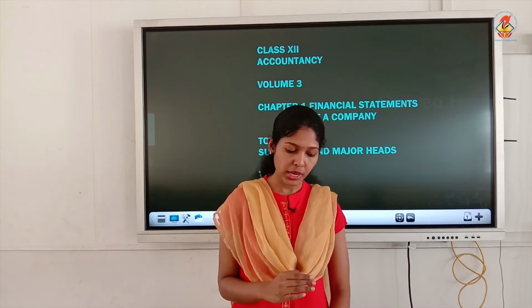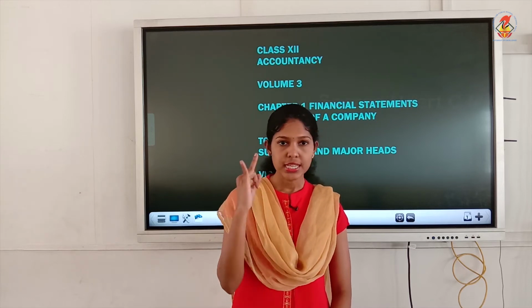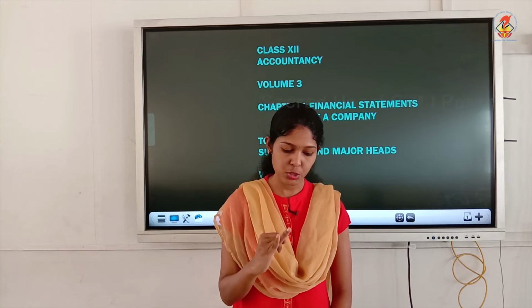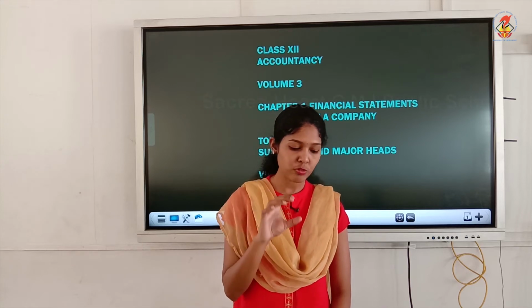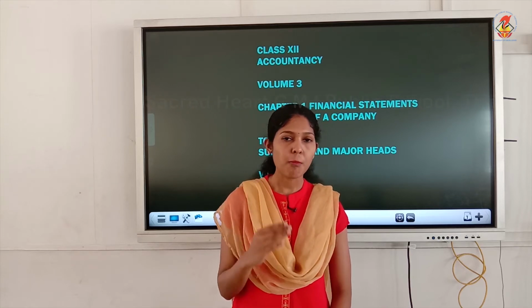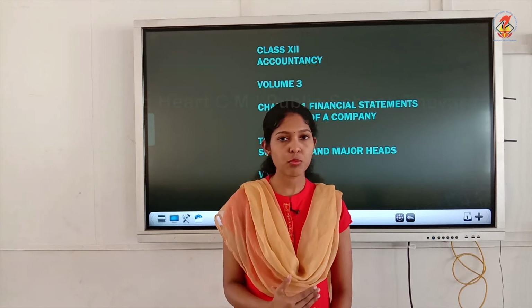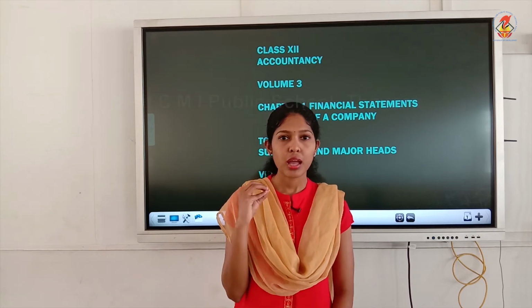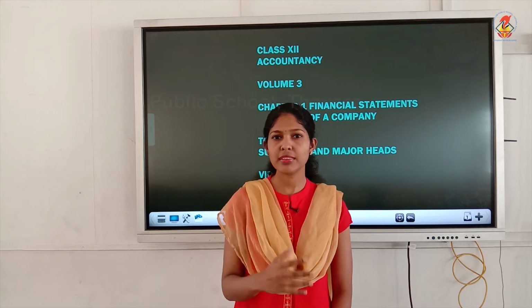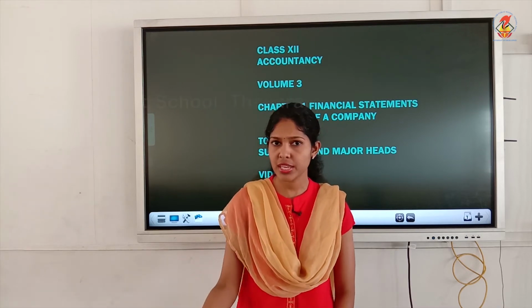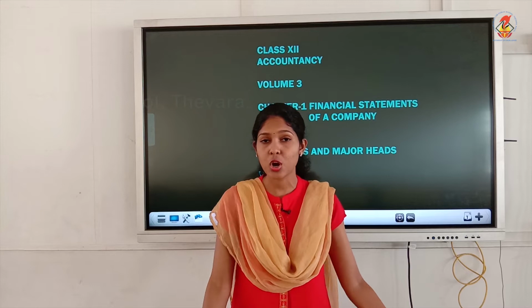Then again under shareholders fund we have share capital, reserves and surplus, that you have learnt before. Then in the actual format we have one more item, money received against share warrants. This won't be coming for the exam, they won't ask what is money received against share warrants. Normally they will not ask.